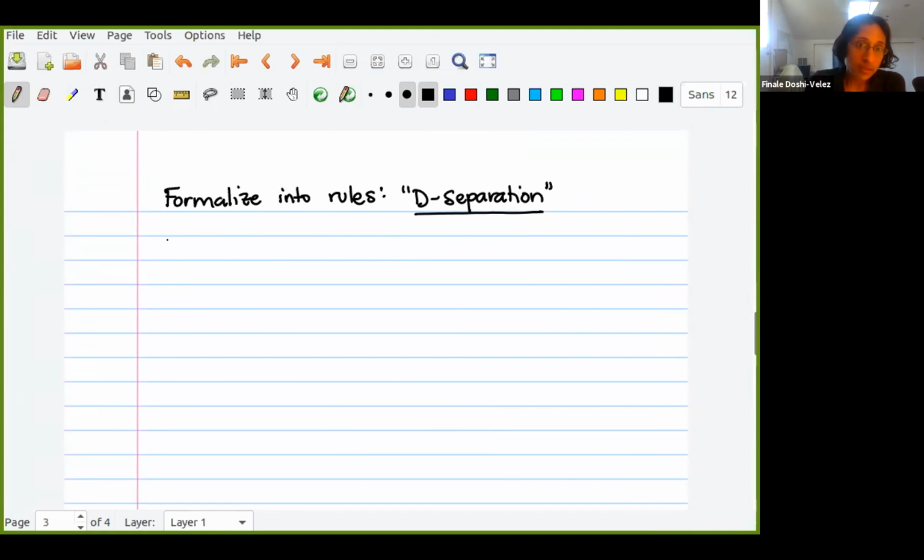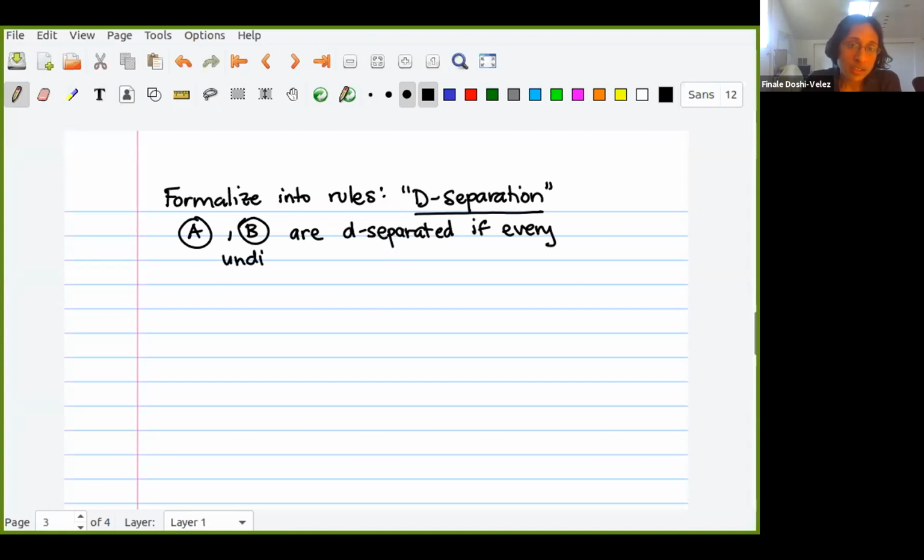All right, so some node A and some node B are d-separated if every undirected path from A to B is blocked.